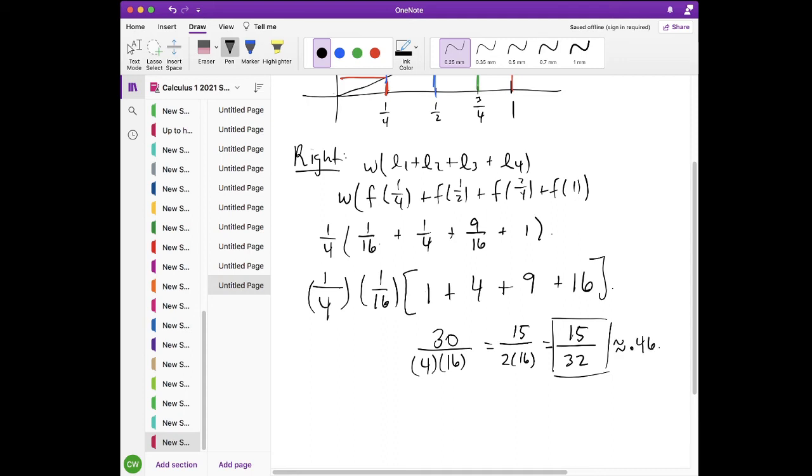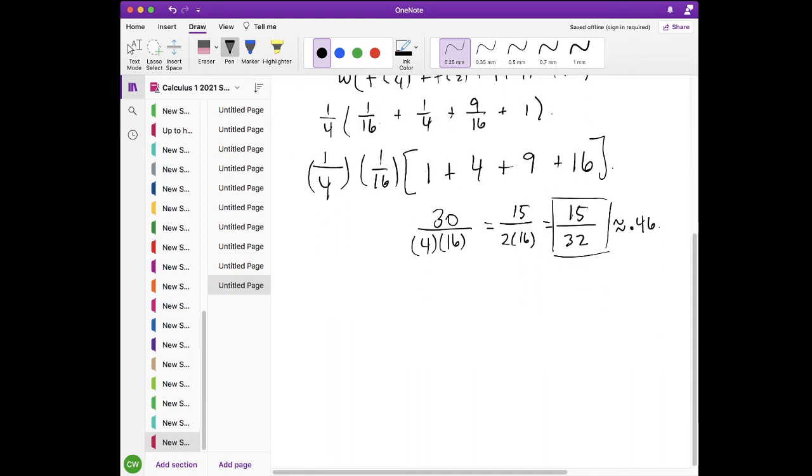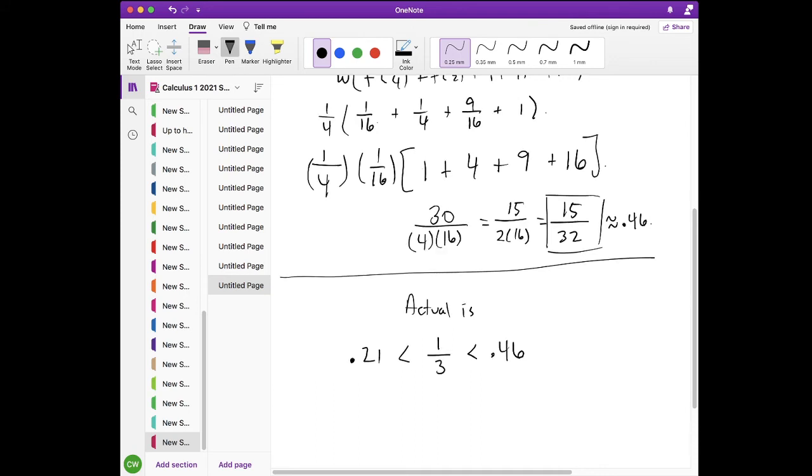Yeah. So I'm going to spoil it for you, but I'm going to give you the actual area, which is something we'll figure out. The actual area is 1/3. So notice that our right approximation is bigger. 0.46 is bigger. And our left approximation was smaller. Now, you can see that by the picture, right?